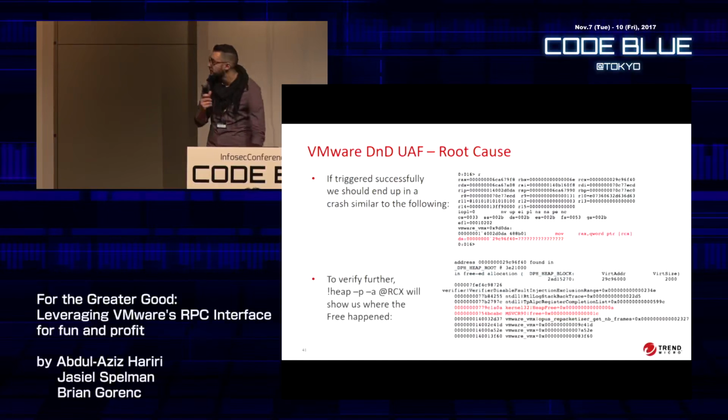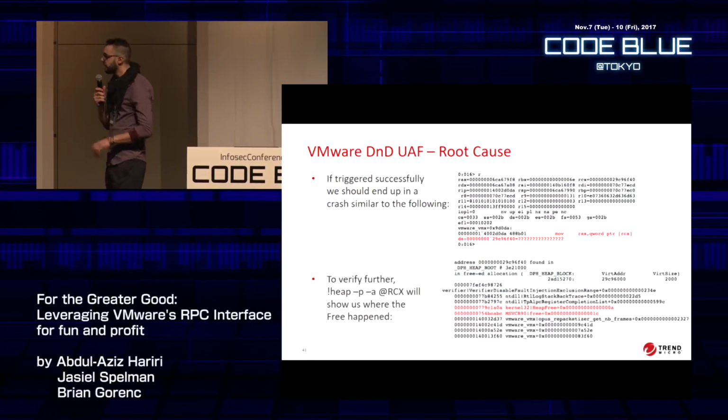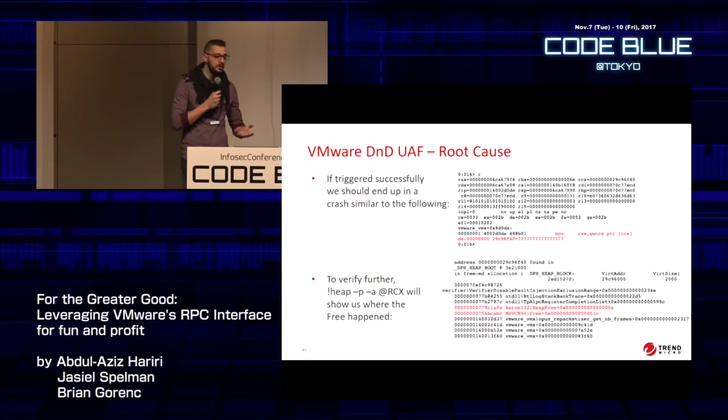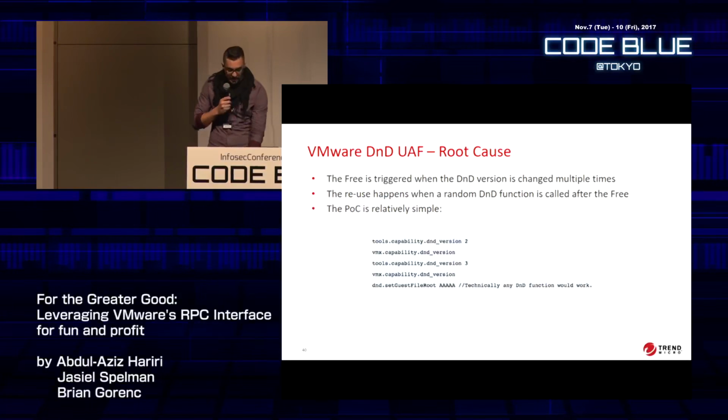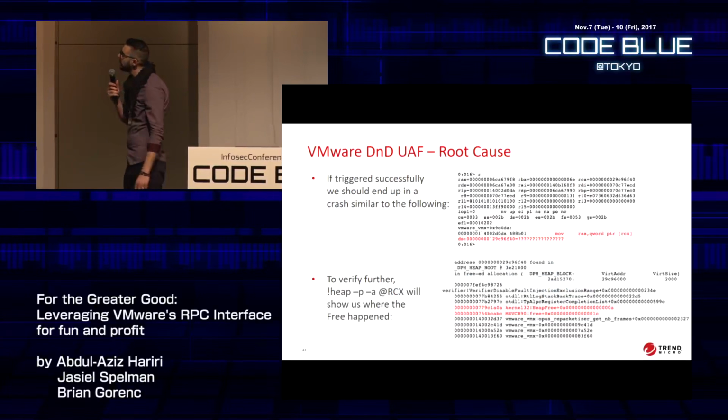If we enable full page heap on VMware VMX and trigger the POC, we can run these commands from rpctool.exe. It doesn't require any special tooling, so rpctool.exe would do the job. Once we trigger the crash, it's going to look like the screenshot above.